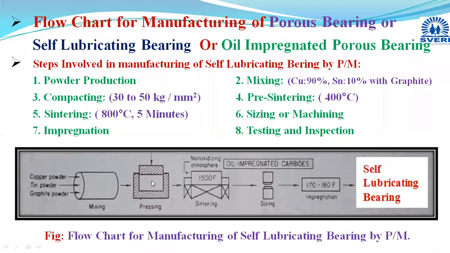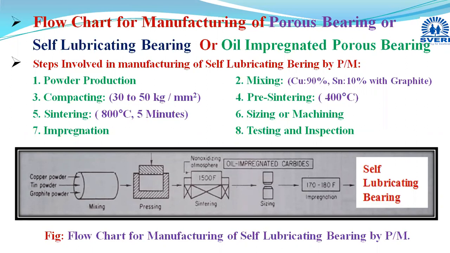In this self-lubricating bearing, we are just using cold compacting, meaning just pressure is applied. We are not using any heat here. Sufficient pressure is applied so that a proper bond will get created between the powder particles in this pressing stage.